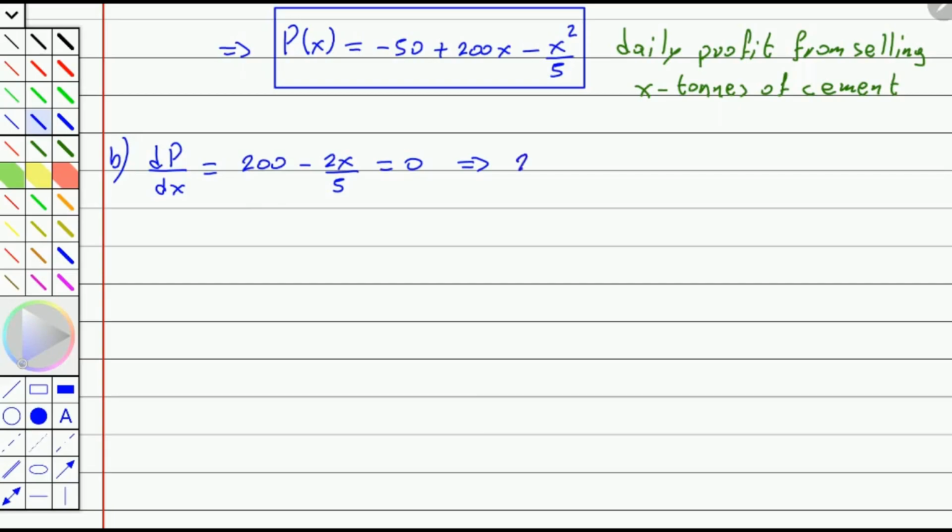So we have 2x over 5 equals 200. And now we can cross multiply the 2/5 to the other side. So we will have x equals 200 times 5 over 2. 200 divided by 2 is 100. And then 5 times 100, we will have that x will be 500 tons.